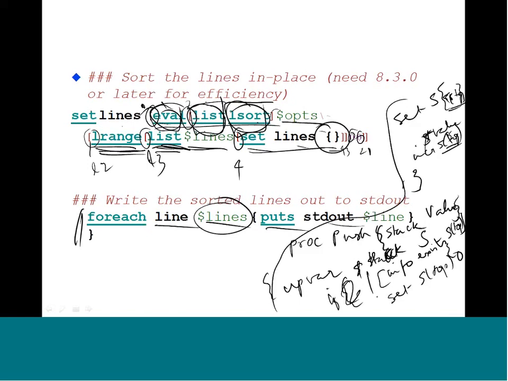I marked it as 1 and then 2, then lsort is 3, and then we have these options: lrange, then the list, and then the set lines. As you know, it's all evaluated from inside, one by one. So this is the nested command that gets executed, and here the range is 0 to 0.